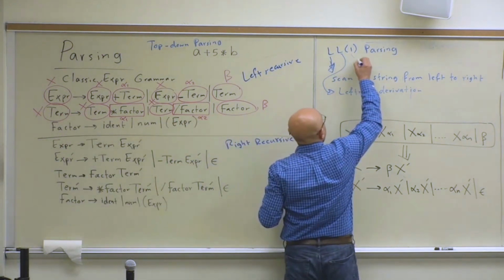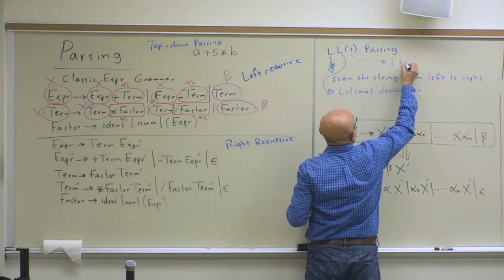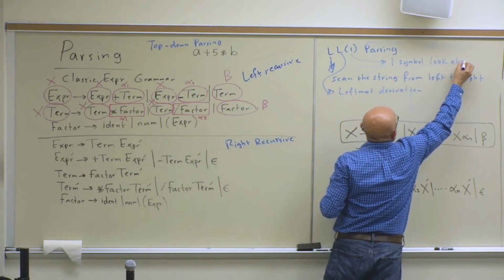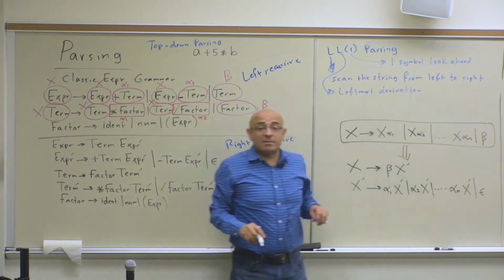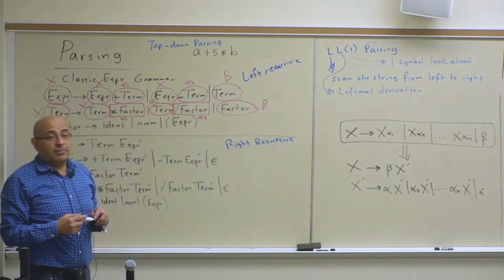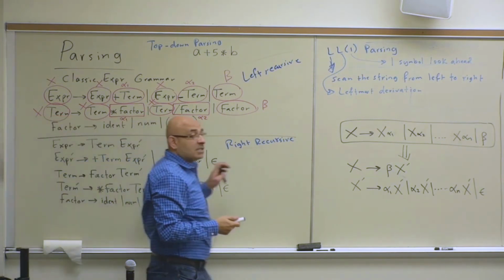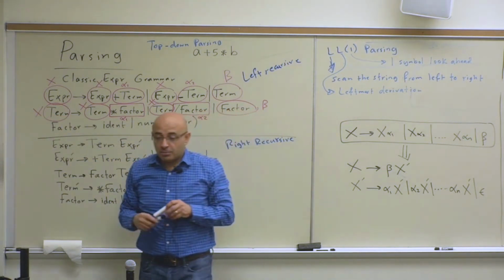So the 1 is one symbol of look ahead. We only need one symbol of look ahead, and based on one symbol, we will be able to determine which substitution or which production will be used.